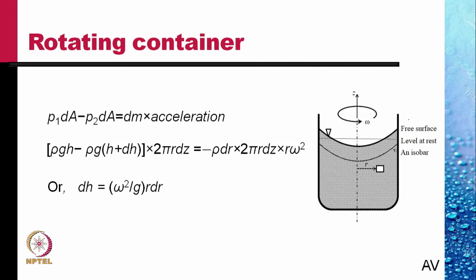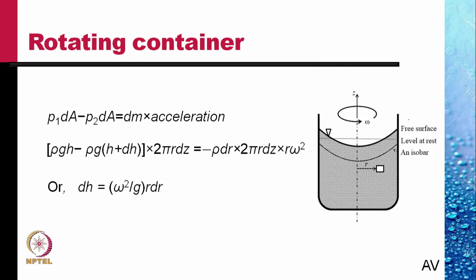At the left face of this white element, the pressure is rho gh multiplied by dA. The pressure at the right face is rho g h plus dh by Taylor's expansion, multiplied by the area, which is 2 pi r dz, and this should be equal to mass times the acceleration. And acceleration is the centripetal acceleration r omega square.